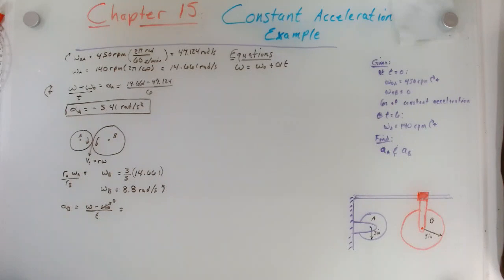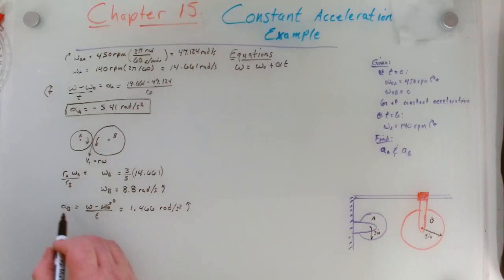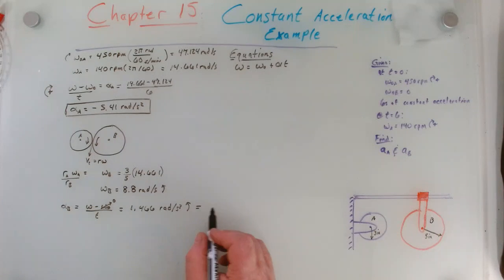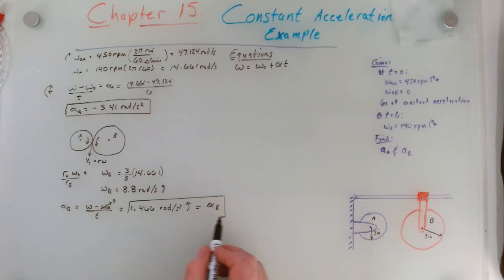Well, that's not hard, unless you try to do it in your head. So I get 1.466 radians per second squared in the positive direction. And I'm just going to rewrite this so that when I circle it, it looks tidy.